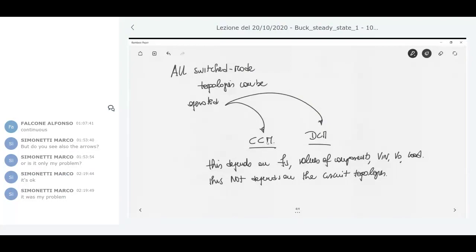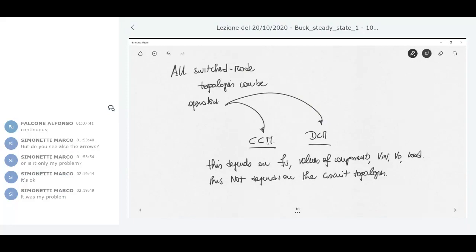Practically, how can you recognize if a circuit is operated in continuous conduction mode or in discontinuous conduction mode? By looking at the current flowing through the inductor. As you can see, in the beginning, any switch mode converter has magnetic components inside it. So, for example, you can have inductors, or in isolated topologies, you can have a transformer. Look at the current flowing through these magnetic components.